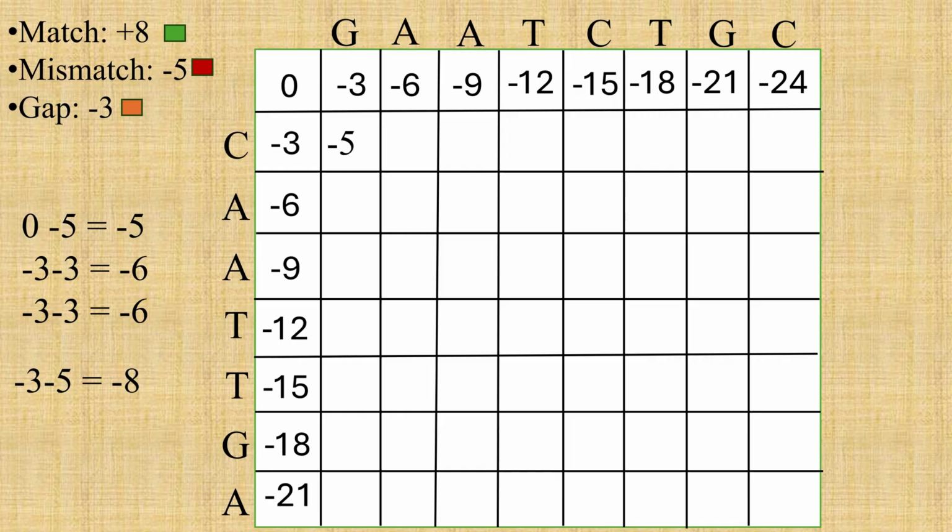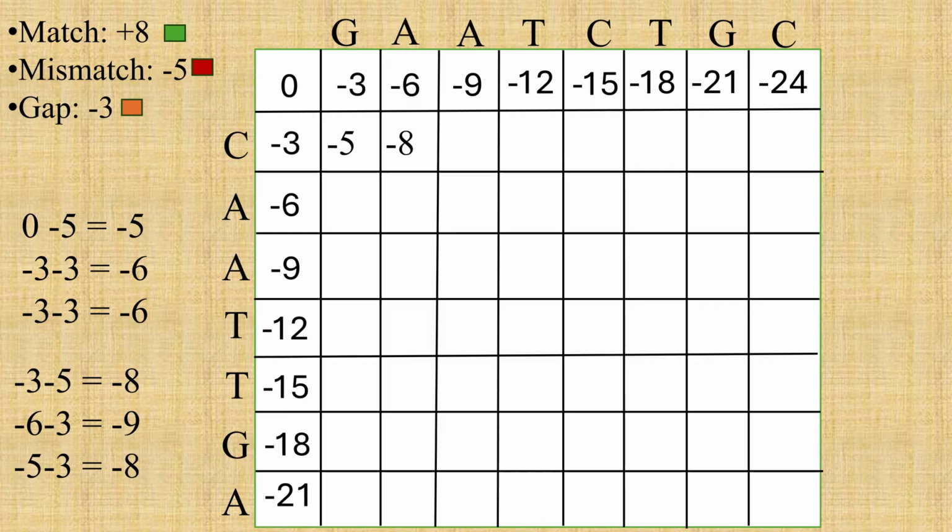The vertical score is the cell above, which is -6, plus the gap penalty score, which is -3, and the result is -9. The horizontal score is the cell to the left, which is now -5, plus the gap penalty score, which is -3, and the result is -8. We then compare these three values and select the highest one, which in this case is -8, so we write it into the cell.